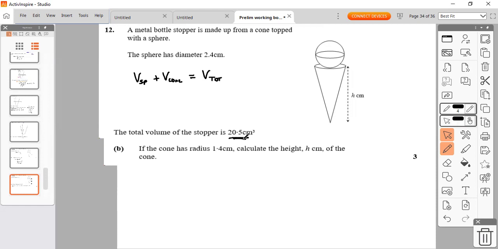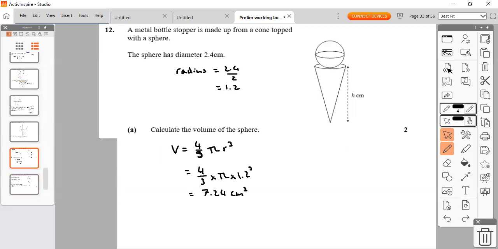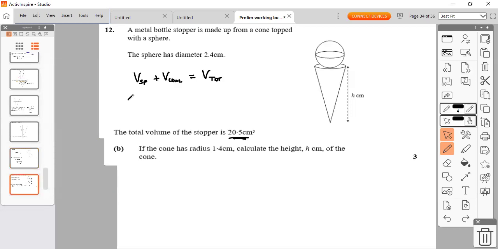We know the total volume is 20.5, and the volume of the sphere we got as 7.24, plus the volume of the cone would give us 20.5. So we just want the volume of the cone. We take the 7.24 over to our side, and it becomes a minus.